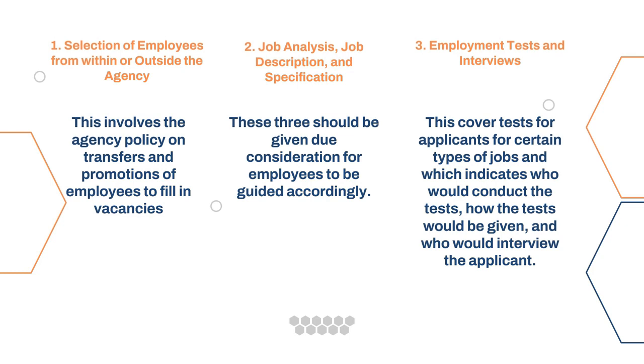The second one is job analysis, job description, and specification. These three should be given due consideration for employees to be guided accordingly. The third one is the employment test and interviews. These cover tests for applicants for certain types of jobs and indicate who would conduct the test, how the test would be given, and who would interview the applicant.